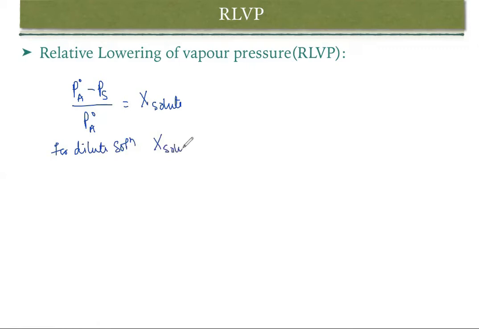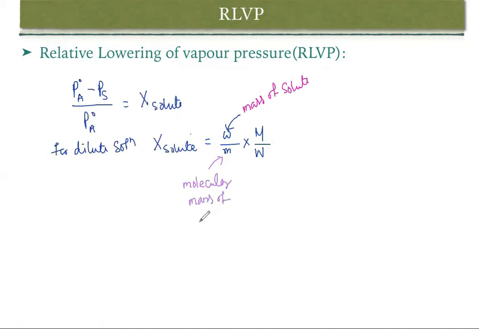Now for a dilute solution, mole fraction of solute can be given as small w divided by small m into capital M divided by capital W. This small w is the mass of solute, small m is the molecular mass of solute, capital M is the molecular mass of solvent, and capital W is the mass of solvent.